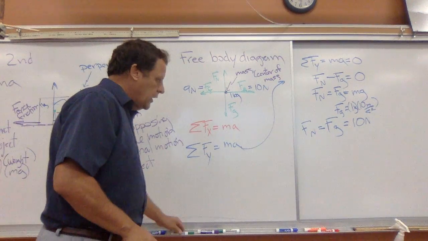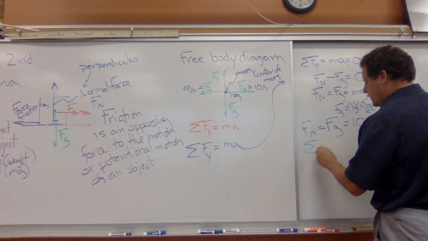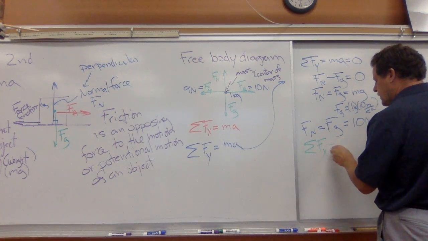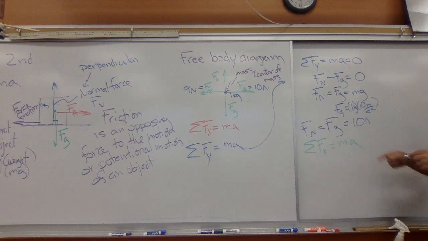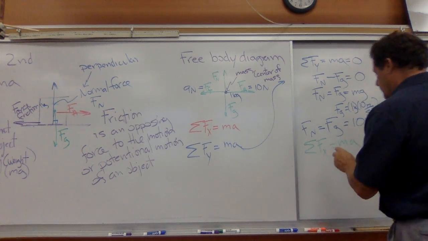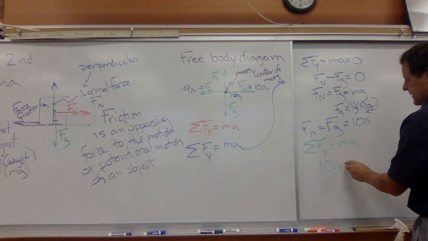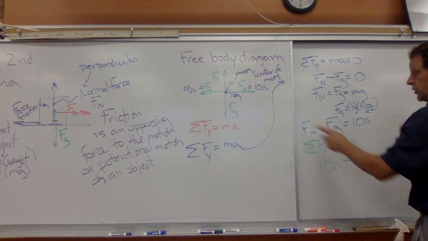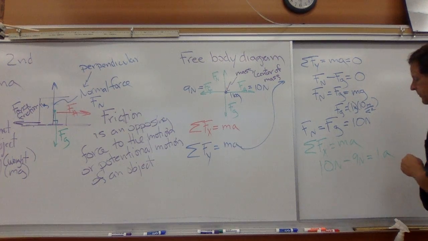Okay, so now, let's talk about the sum of the forces in the x direction. The sum of the forces in the x direction is equal to ma. We're going to say to the right is positive. So we're going to say 10 newtons, which is the applied force, minus 9 newtons, which is the force of friction, and that's going to equal the mass, which is 1, times the acceleration, which we don't know.